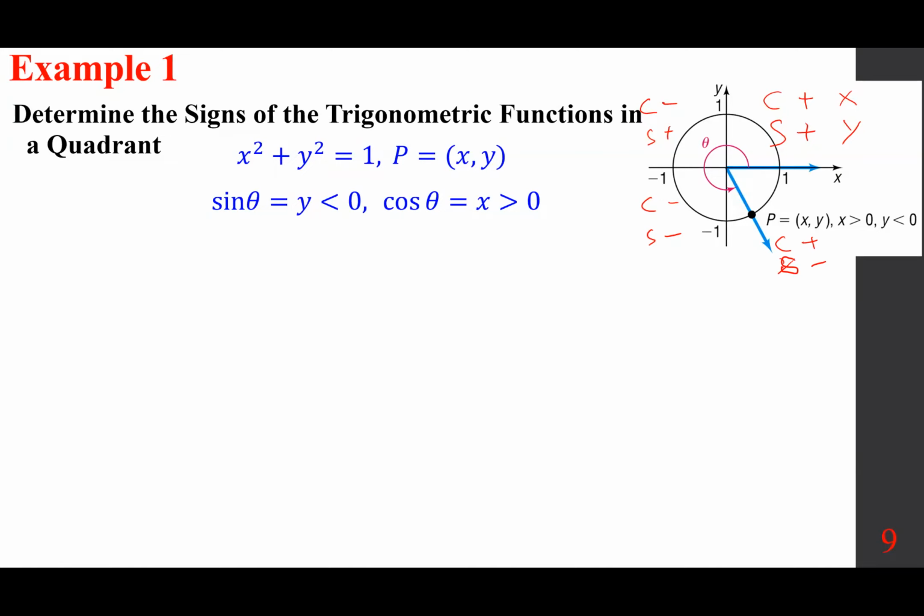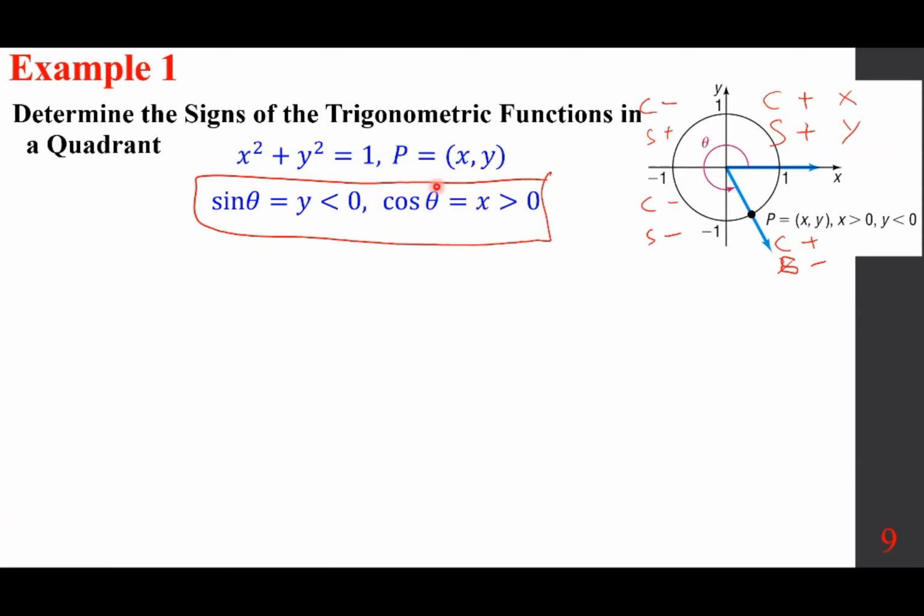So when this is the case, you can even go with the ratios, even without figuring out the quadrant. Since sine and cosine have different signs, everything becomes negative except cosine is positive, and so is secant, because secant is 1 over cosine.